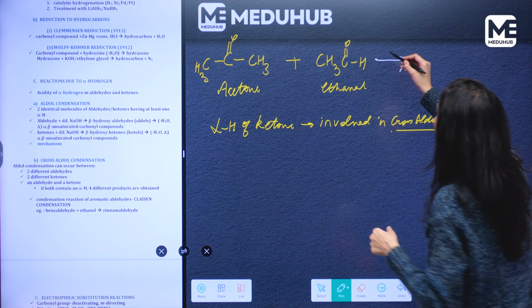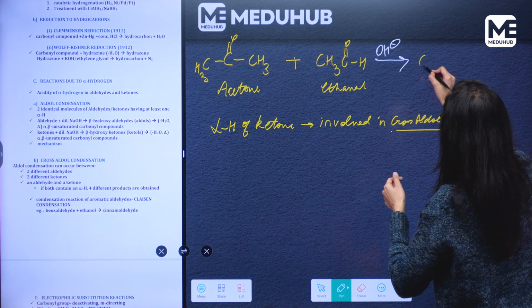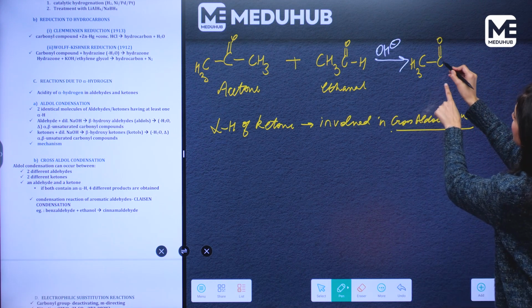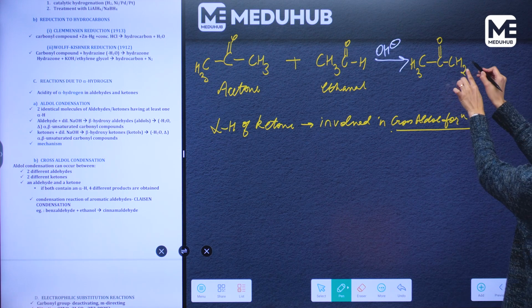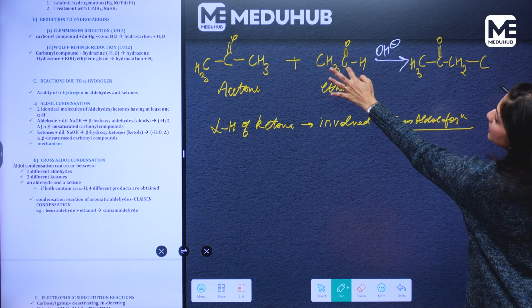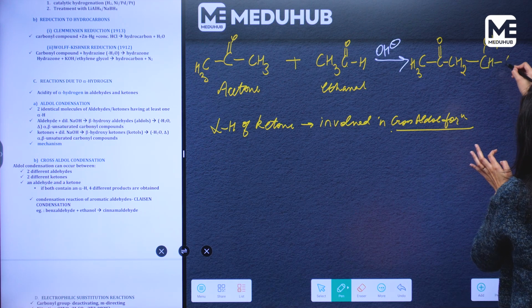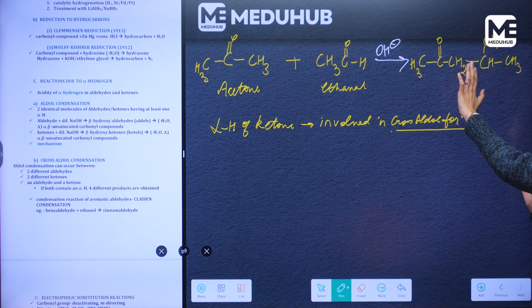the cross aldol product that you will get here in the presence of a base would be this. This is acetone. It lost an alpha hydrogen from here, so CH2. This combined with this carbonyl carbon here, and this is the beta hydroxyketone that we get. This is the cross aldol product.